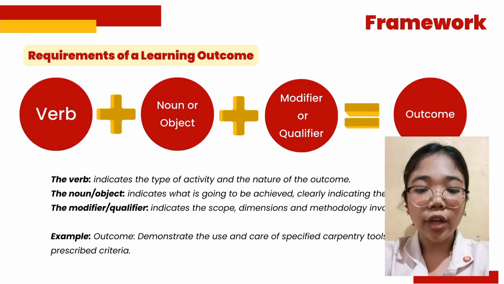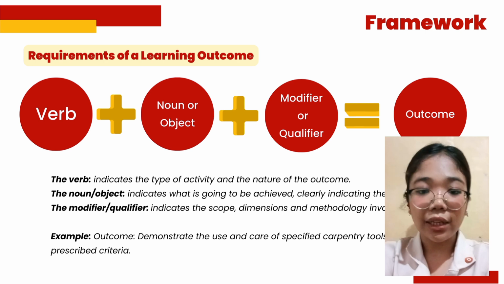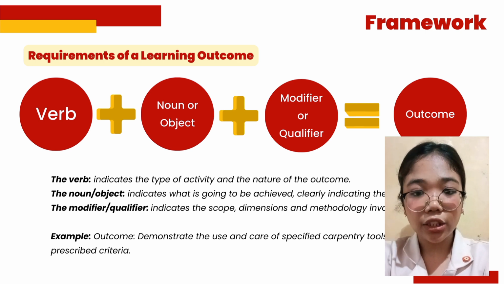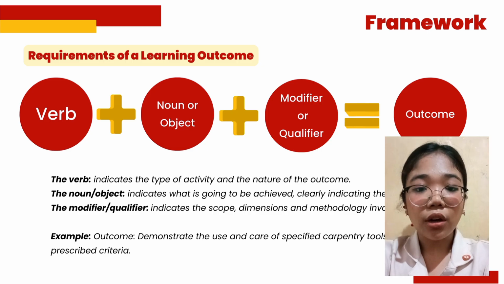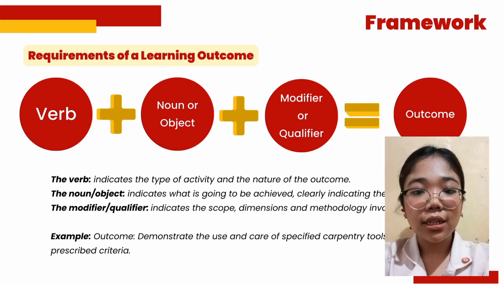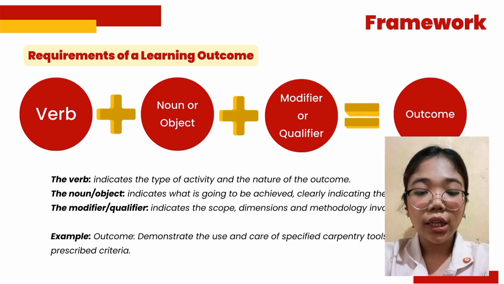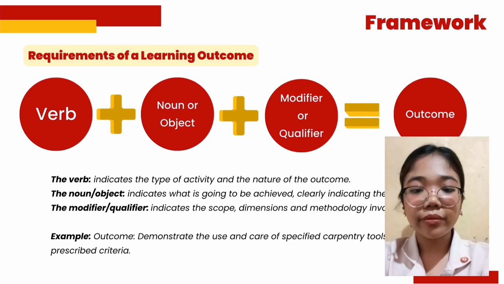Lastly, it should have a modifier or qualifier, for providing additional details for the performance of the trainee. Together, it creates an outcome that would be used in a learning program.